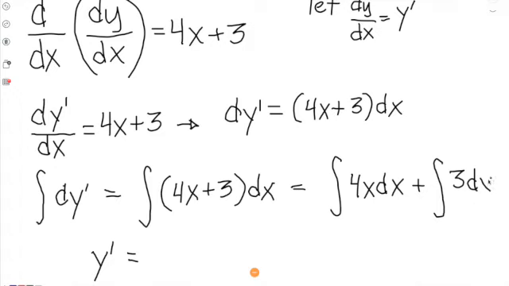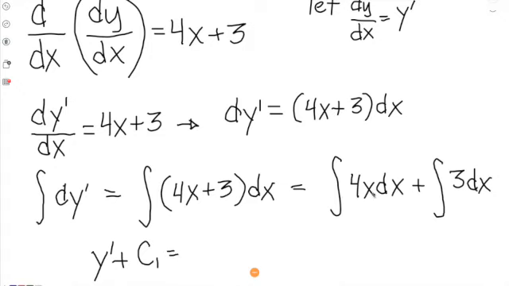We can just use the simple power formula for this one. Since we have an integral sign here, we should also have an arbitrary constant. So let's write that down as C1.